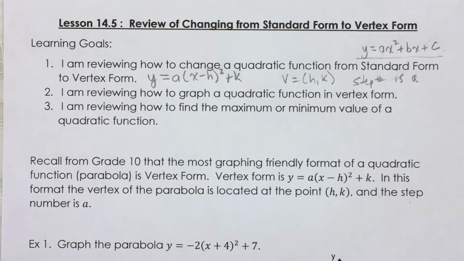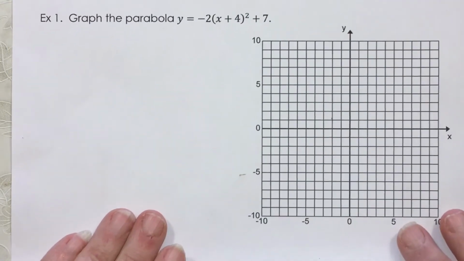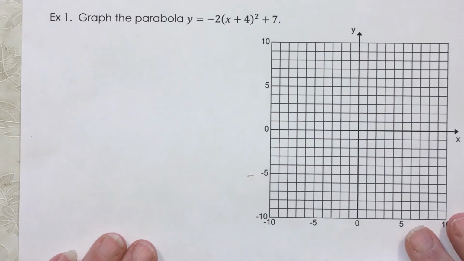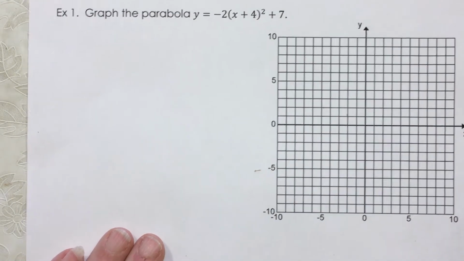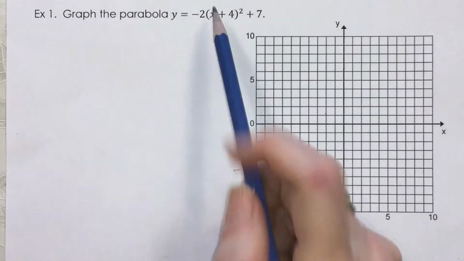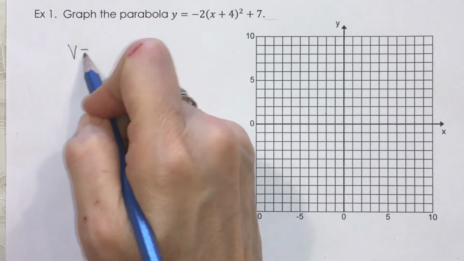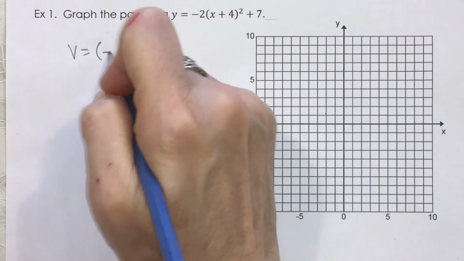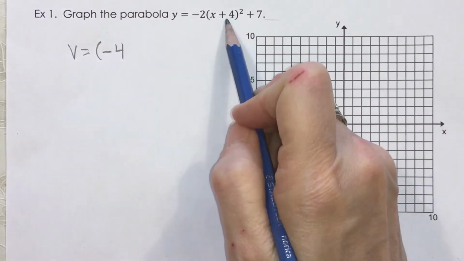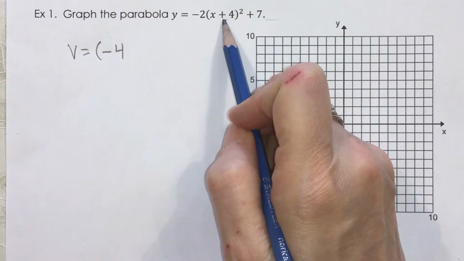So first question we're going to do is to graph the parabola, already given to us in vertex form. Okay, so this one's already in vertex form. So from this, we should be able to know that the vertex is at -4. It's the opposite of the number inside the parentheses.